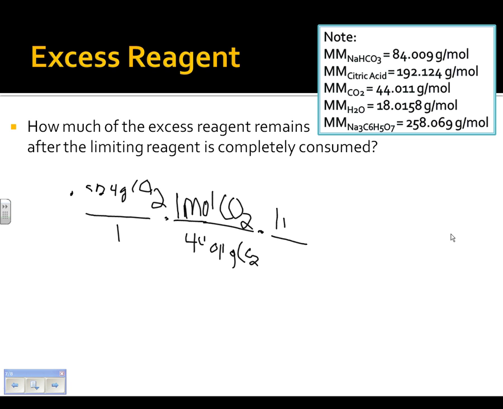Then its mole to mole ratio all over the other ratio.